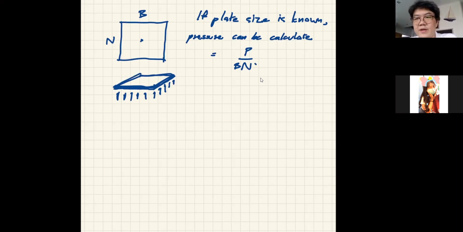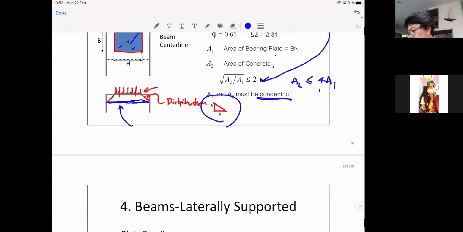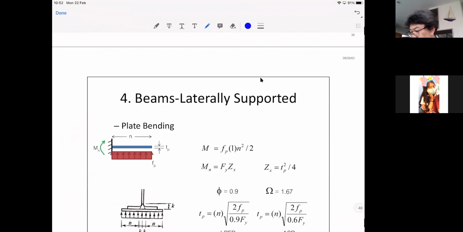So when you know the pressure, this becomes a sort of uniform load acting on your plate. So now the trick is to know what kind of structural model we can use to design the plate. Okay. So let's go back to this. All right. So let's say we have this uniform load, well, actually they call it FP. This FP comes from the total load, the P, or the R, the reaction.